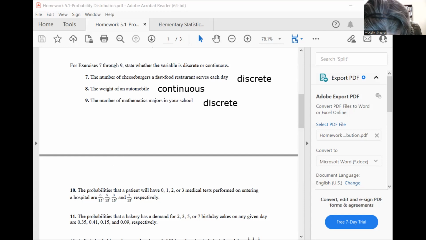So let me check the textbook here. Let me go and stop sharing the screen. And we'll go back to the textbook briefly. And we'll see if we can figure out what's going on.